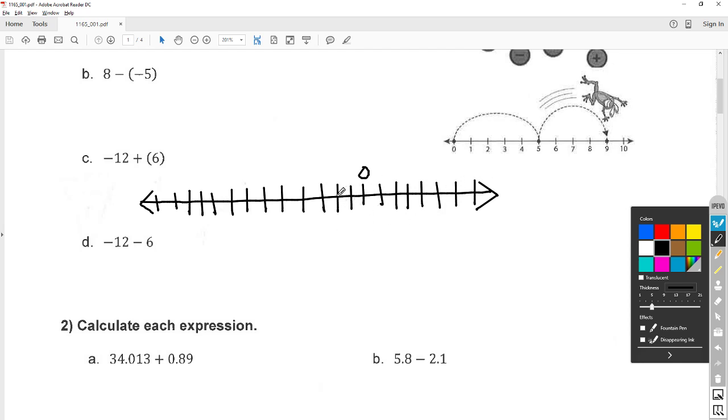So let me count 1, 2, 3, 4, 5, 6, 7, 8, 9, 10, 11, 12. So here I am. And plus 6 means I'm going to the right 6 times. 1, 2, 3, 4, 5, 6.